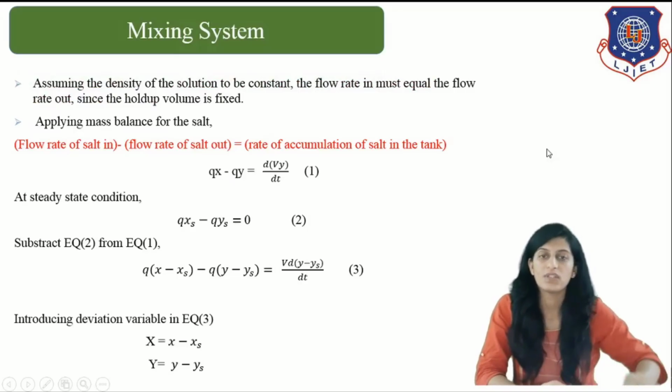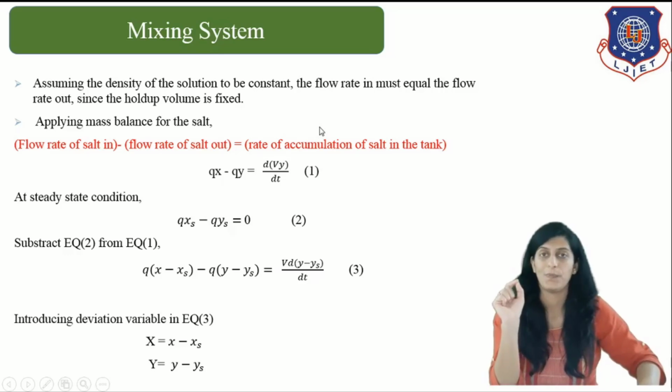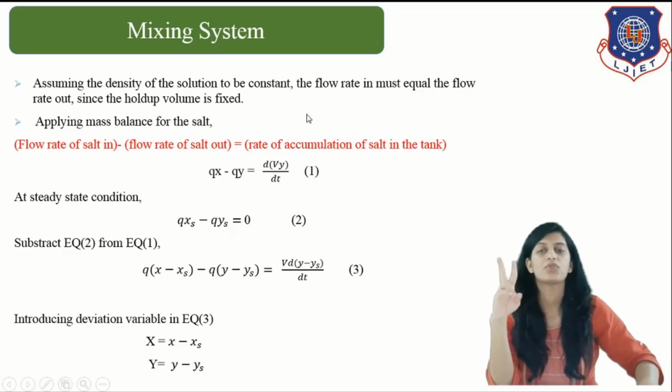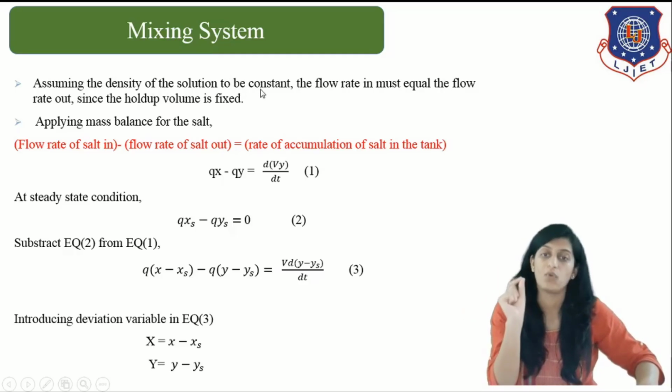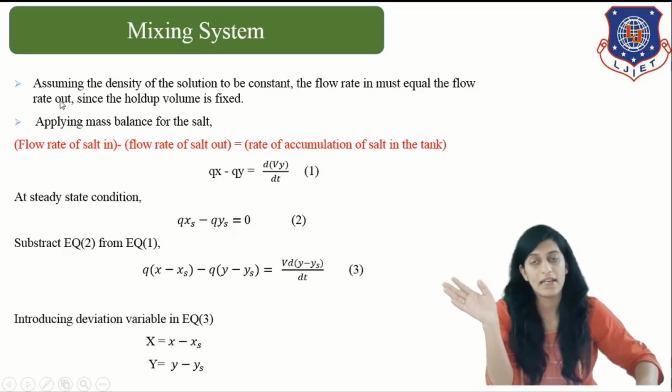Again, we know that in any derivation assumptions are essential, right? So here we are making two assumptions. First, we are assuming the density of the solution remains constant and the flow rate in must equal the flow rate at outlet, right?